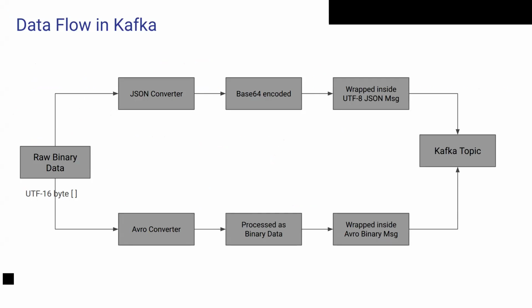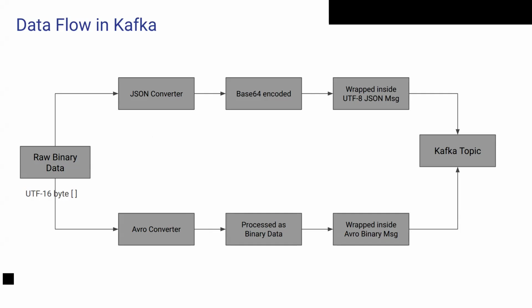So what happens when the data gets sourced from the Oracle DB by the CDC source connector and published into the Kafka topic depends upon whether you're using a JSON converter or an Avro converter. When you're using a JSON converter, the raw binary data, specific to the NCLOB I'm referring to here, gets encoded into a base64 string, wrapped into a UTF-based JSON message, and then published into the Kafka topic.